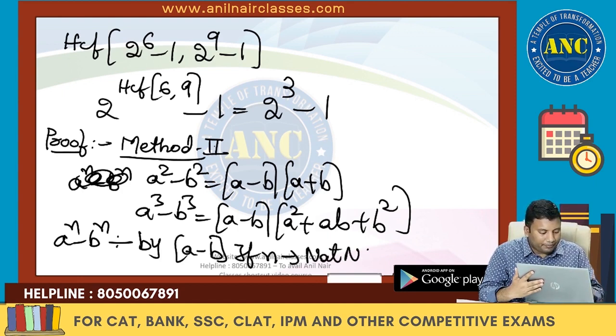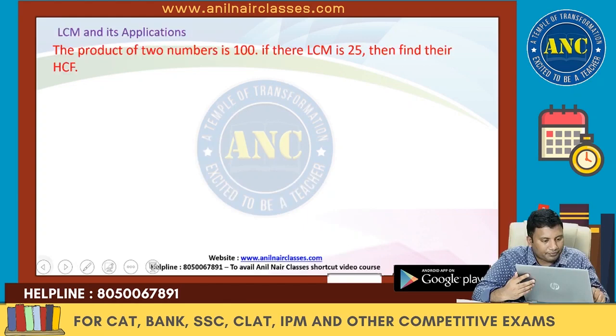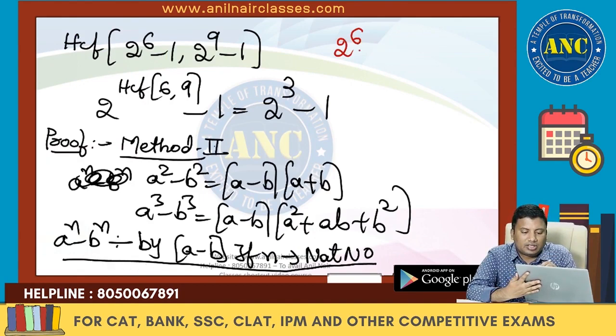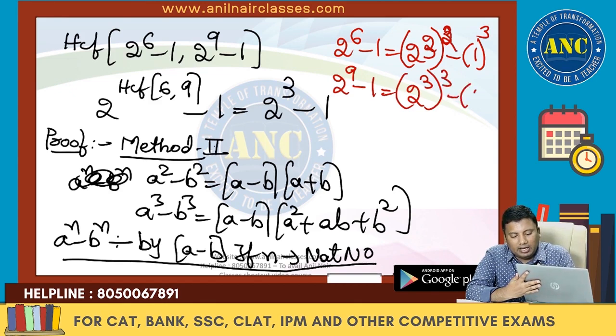Please write down. A power n minus b power n is always divisible by a minus b if n is a natural number. So here, if you see 2 power 6 minus 1, which is nothing but 2 square whole cube minus 1 whole cube. 2 power 9 minus 1, I will write as 2 cube whole cube minus 1 cube.